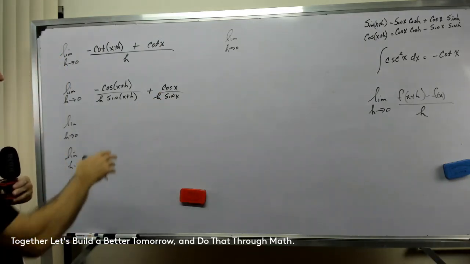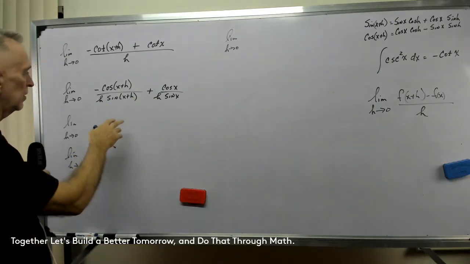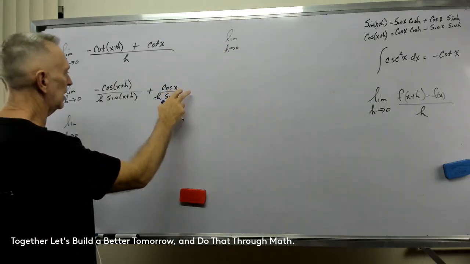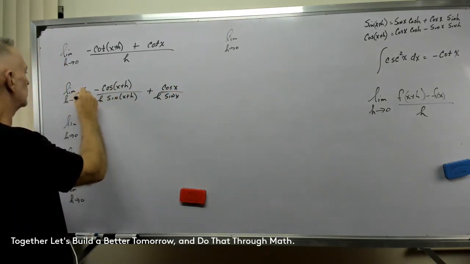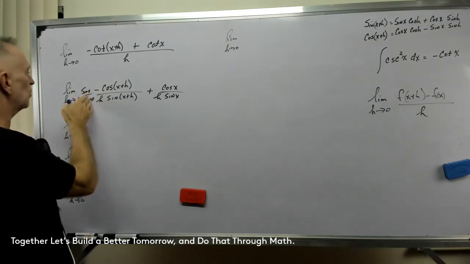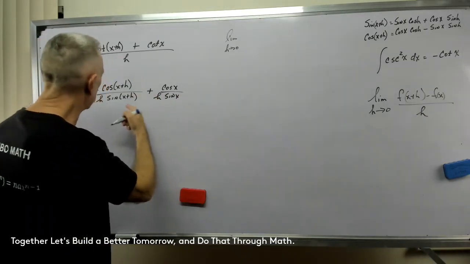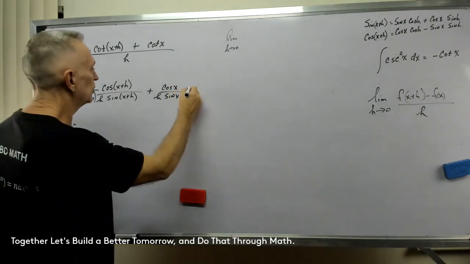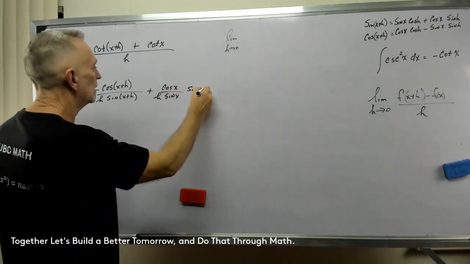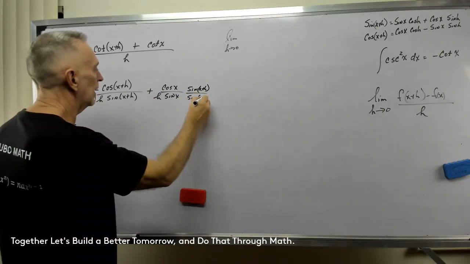Now we can't add apples and oranges, so we need a common denominator. So I'm going to multiply this side by sine x over sine x, which is just multiplying by 1, and this side by 1, but I'm going to let my 1 be sine x plus h over sine x plus h.